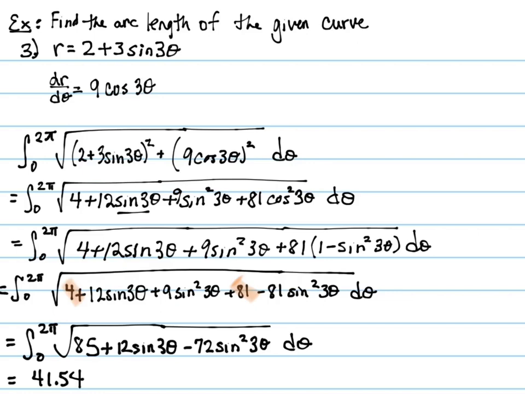Squared. Are you squaring? This is not supposed to have a problem. I'm not sure what I'm doing wrong on my calculator. Obviously, I did it right earlier because I have the 41.54, which is right. You need another parenthesis.